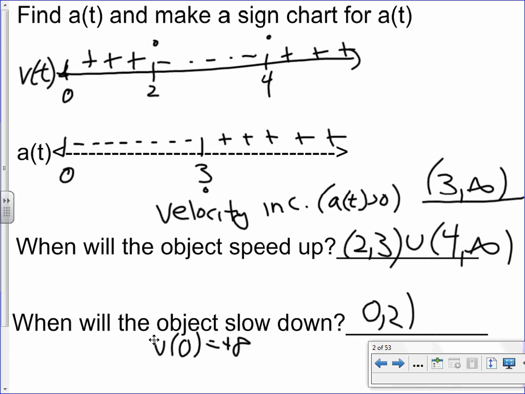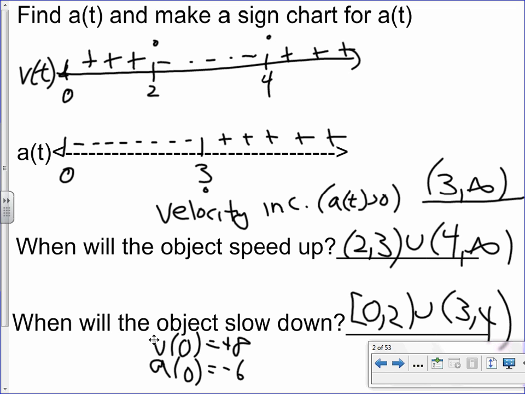And if you plug the 0 into your acceleration, the acceleration at 0 is negative 6. So they do have opposite signs at 0. So technically, I should include that. So it's slowing down when they have opposite signs, so from 0 to 2, and also from 3 to 4. I don't have to worry about those endpoints. None of them are 0 and opposite.